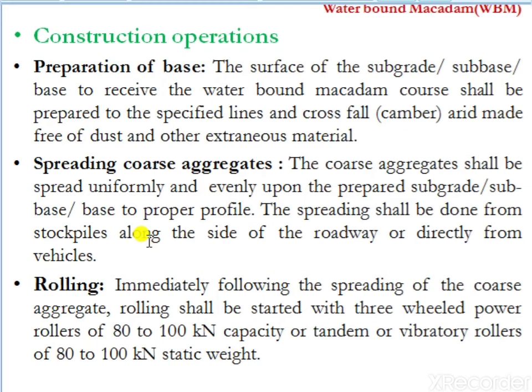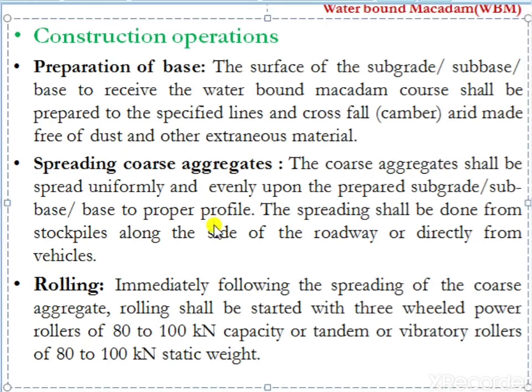So here we can use a 3-wheeled power roller of capacity 80 to 100 kN, or we can also use vibratory rollers of capacity 80 to 100 kilonewton static weight. So here the rolling is done to compact the material.